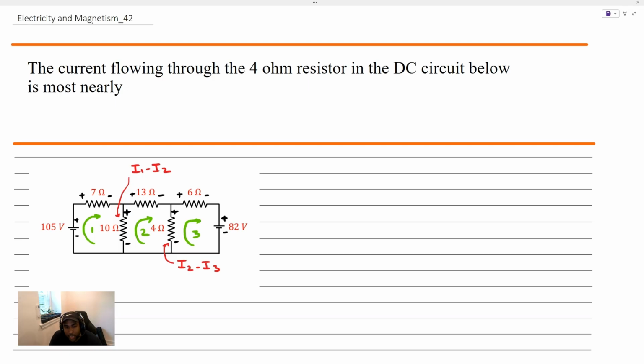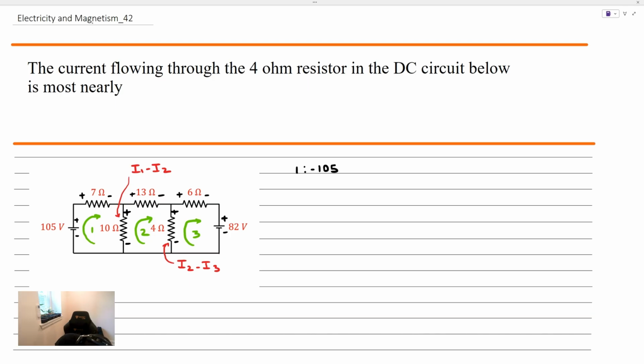Now that we have all our signs labeled, we're going to go ahead and apply mesh current, and we're going to end up with an equation for each one of these loops, 1, 2, and 3, that we get by applying Kirchhoff's voltage law to that loop. For the first loop, what I can see is that we have negative 105.